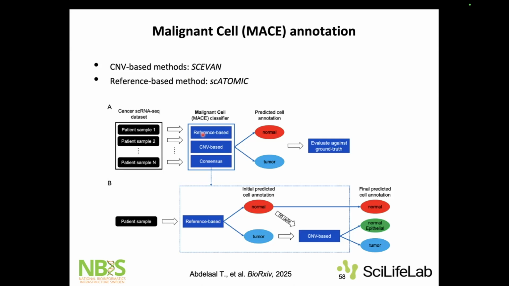They get the normal cells coming from the reference-based method, and the epithelial ones, all labeled tumor, are run through CNV-based methods to get normal epithelial and tumor cells. They also compared it with CNV patterns and everything, and they claim this does better when compared across different data sets.